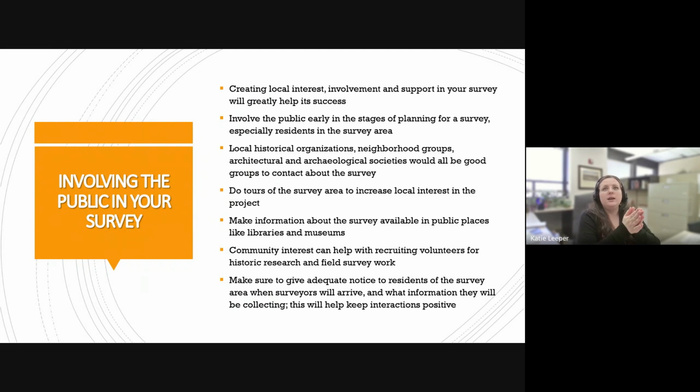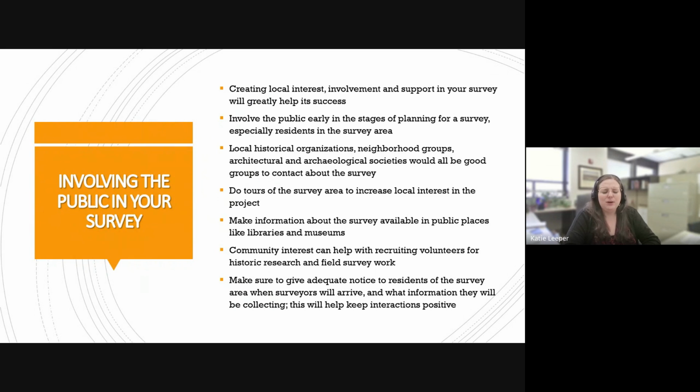If you can, and it can be hard since you're doing the research as you go, doing a tour of the survey area is a really good way to increase public interest. Even if you only have pieces, you can focus on the houses that you've already researched.